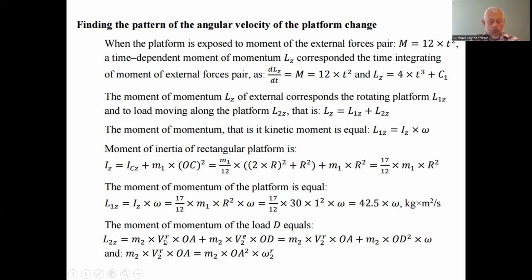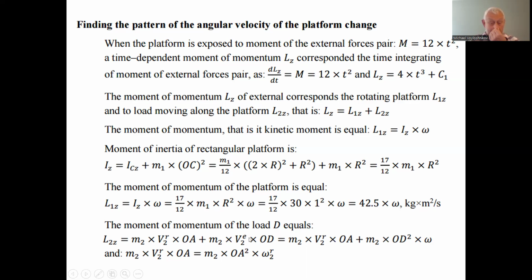This is assigned as a dependence on time and multiplied by OA. OA is the radius between the point of rotation and the line of direction of the motion of the load 2. The second one is the transfer motion with the platform.